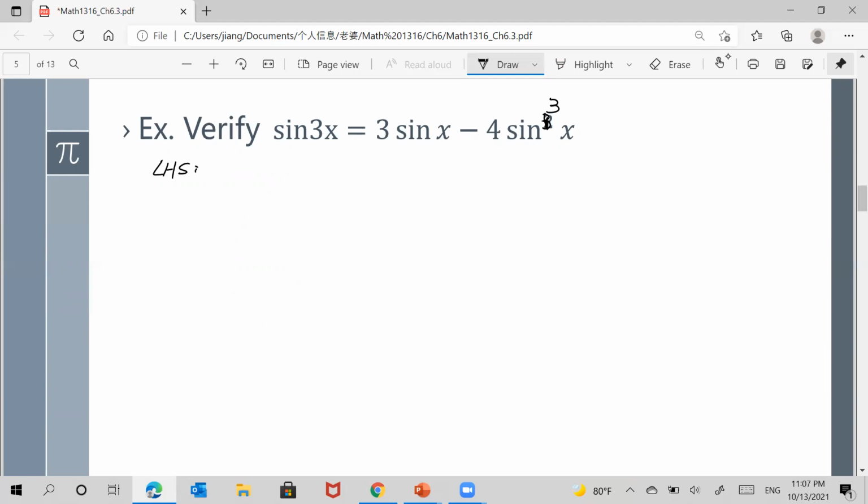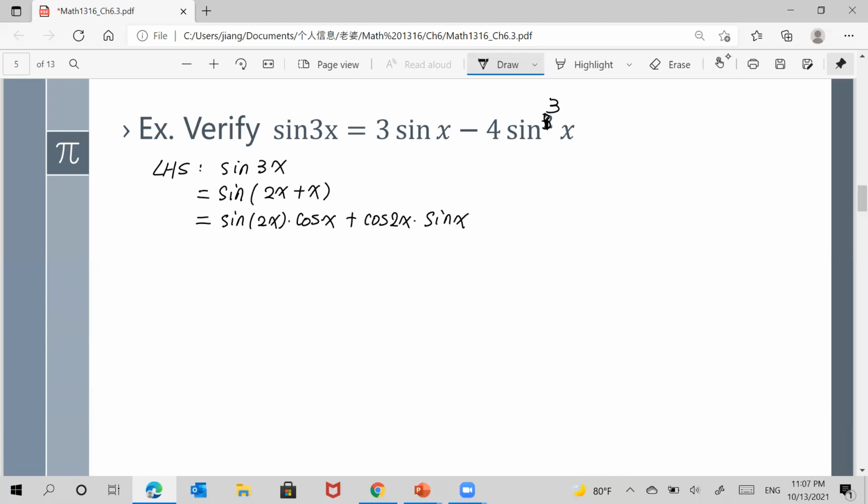So left-hand side, sine 3x, equals, so I just want to make it to the single x term. Sine 3x equals sine of 2x plus x. And then use the sine formula: sine 2x times cosine x plus cosine 2x times sine x.